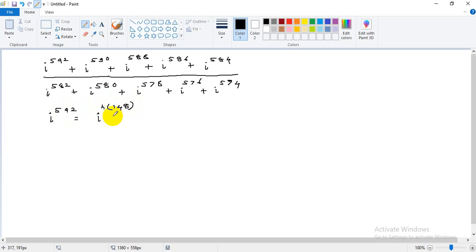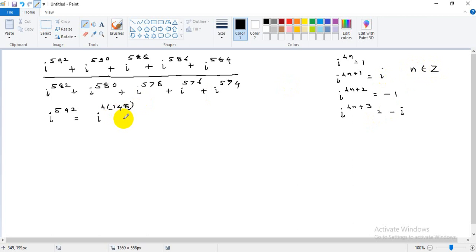That means it is of the 4n type, and you have to use this formula now. i raised to 4n is 1, i raised to 4n plus 1 is i, i raised to 4n plus 2 is -1, and i raised to 4n plus 3 is -i, where n belongs to Z. Now this 148 is an integer.